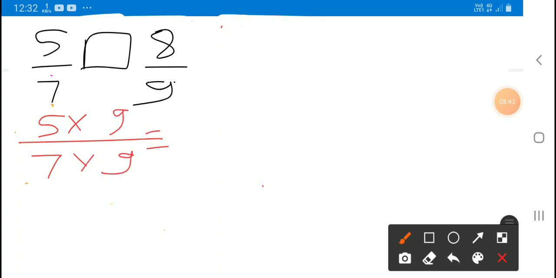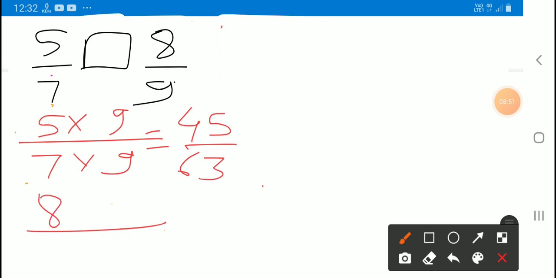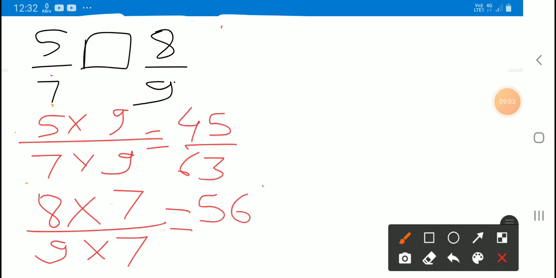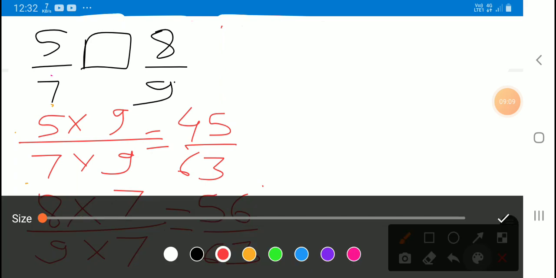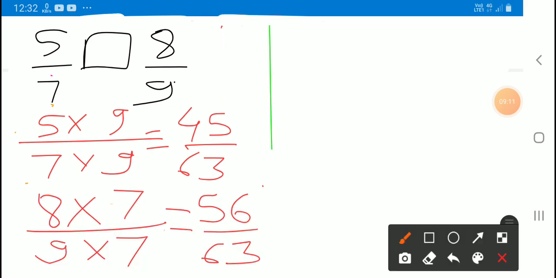5 9s are 45, 7 9s are 63. Okay. Then 8 upon 9, multiply this by 7. Okay. Then 8 7s are 56 and 9 7s are 63. Now we'll compare the fractions.